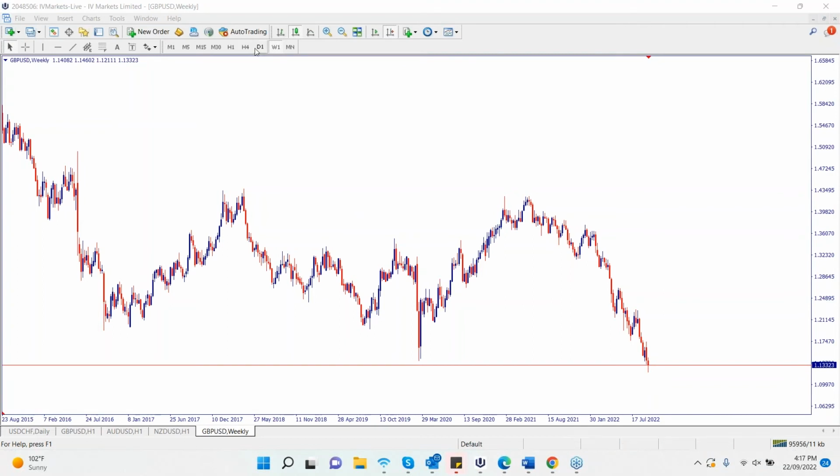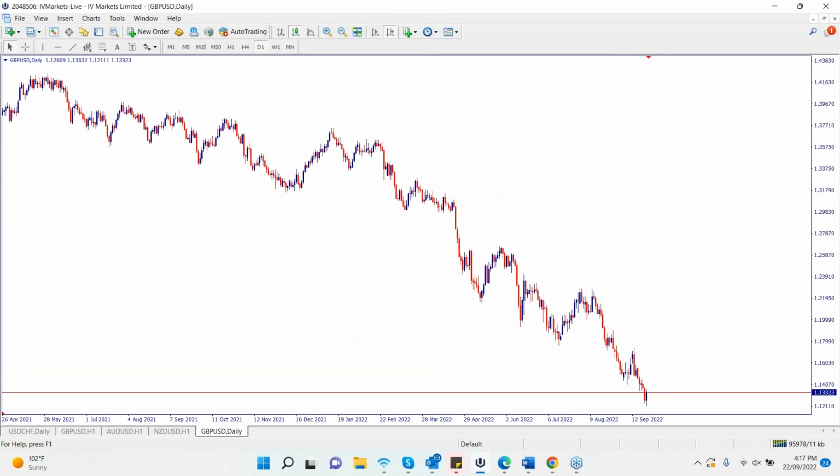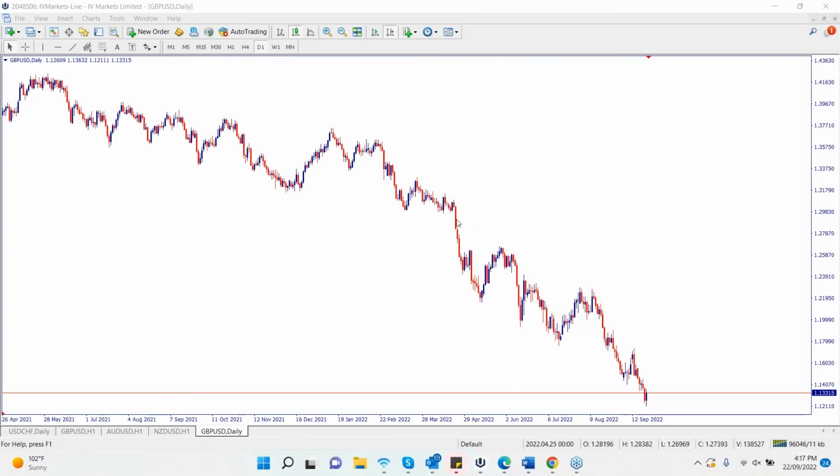So for example, coming towards the daily, we can see the market is focusing bearish. Okay, the market momentum is all bearish. Okay, and if we go simple in this, we can see the market is making impulse, correction, impulse, correction, impulse, correction, impulse, right?